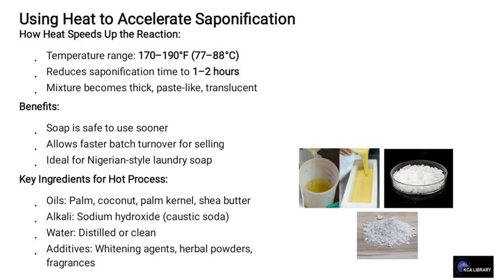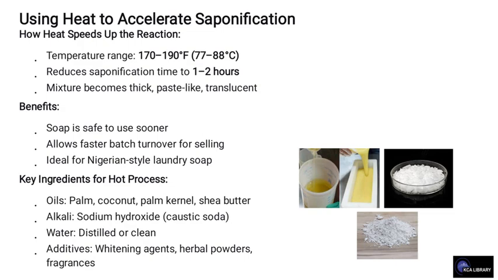Using heat to accelerate saponification. How does heat speed up the reaction? The temperature range is usually 170 to 190 degrees Fahrenheit, which is 77 to 88 degrees Celsius, and it reduces saponification time to 1 to 2 hours.